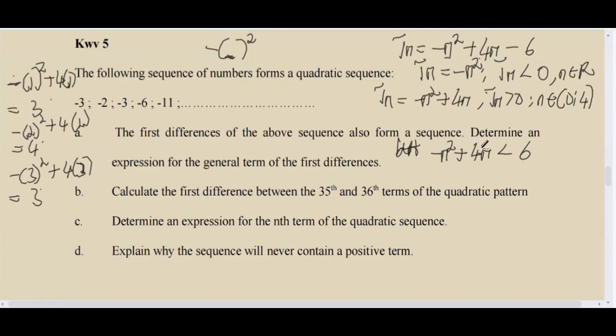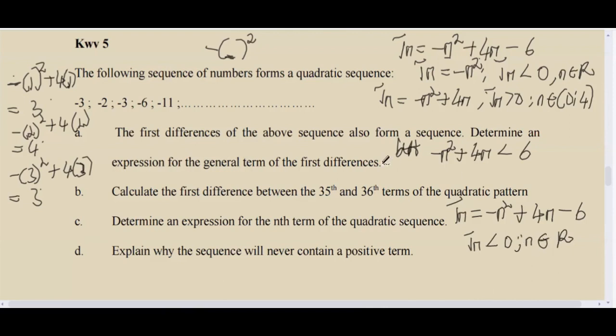So because this expression fails to give us a value that will be greater than 6 here, that means the whole expression Tn is equal to negative n squared plus 4n minus 6 will never have a positive term. So we say negative n squared plus 4n minus 6, Tn will always be less than 0 for all n element of real numbers.